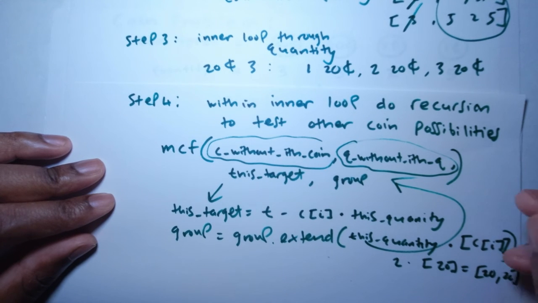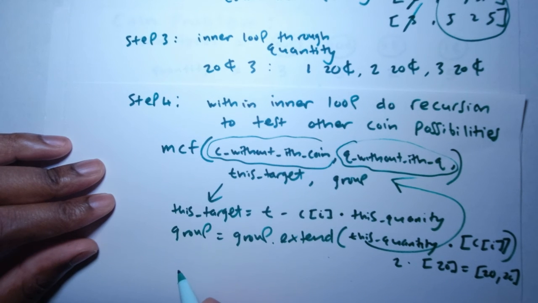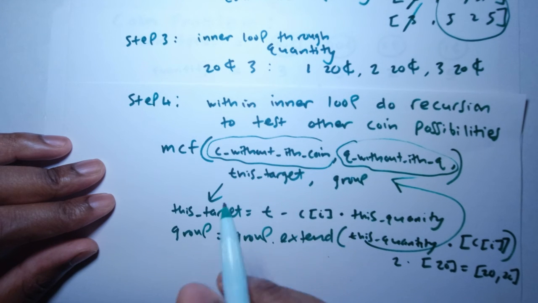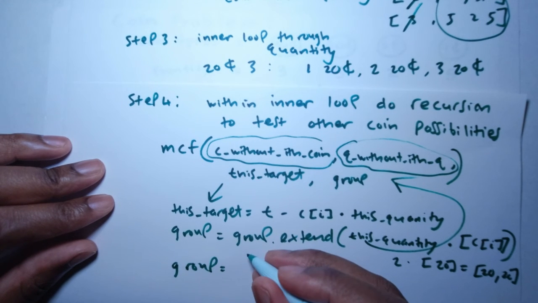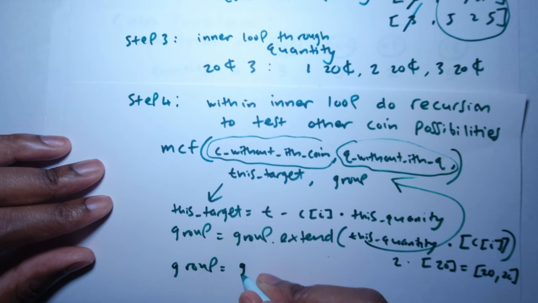So that's essentially it for using the recursion. Now, what's important here is when we find out what we have passed in for the group, we then have to reset it. So here we'll do group is equal to the original group.